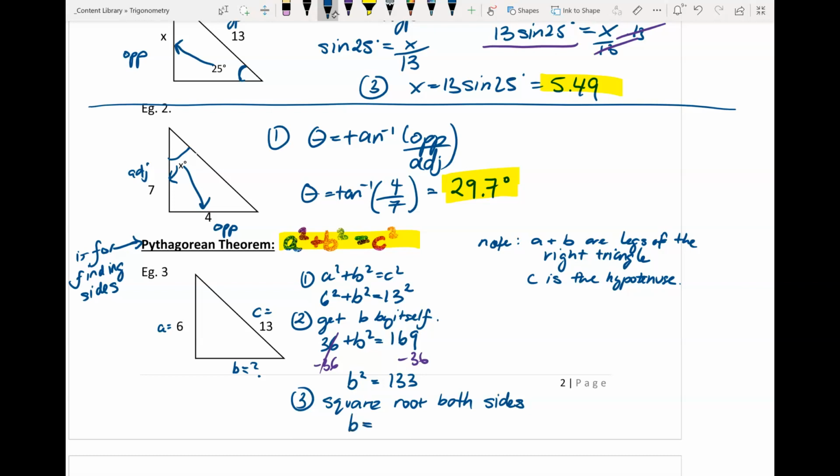So we're going to get b, after I square root b squared, square root of 133, and that's 11.5, and we don't have any units, so I'm just going to leave that as is. And that would be our final answer.